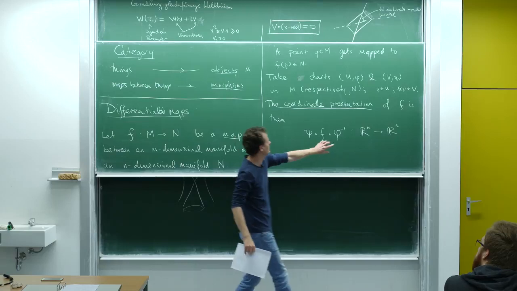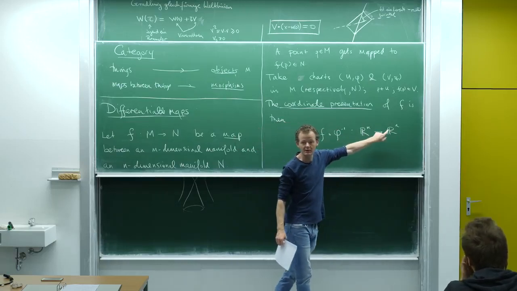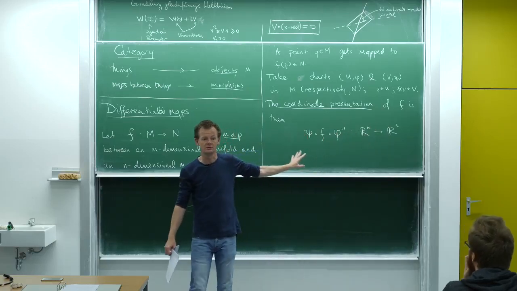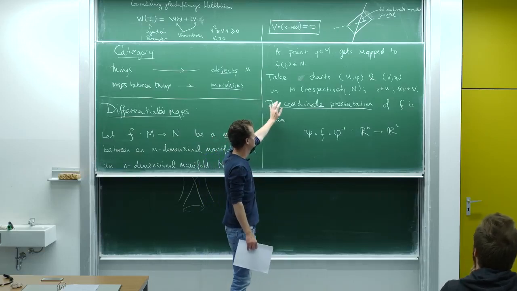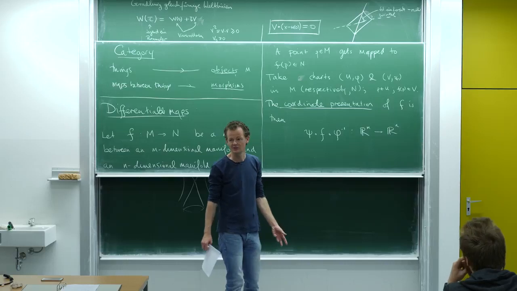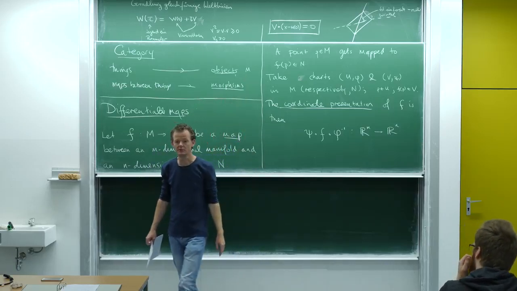And this is this coordinate presentation here, this function that goes from the space we know and love to another space we know and love. That's what we work with when we define the words differentiable. So the coordinate presentation of f is this thing here, and we know that such a thing exists because it comes from the definition of a manifold as a locally Euclidean space.